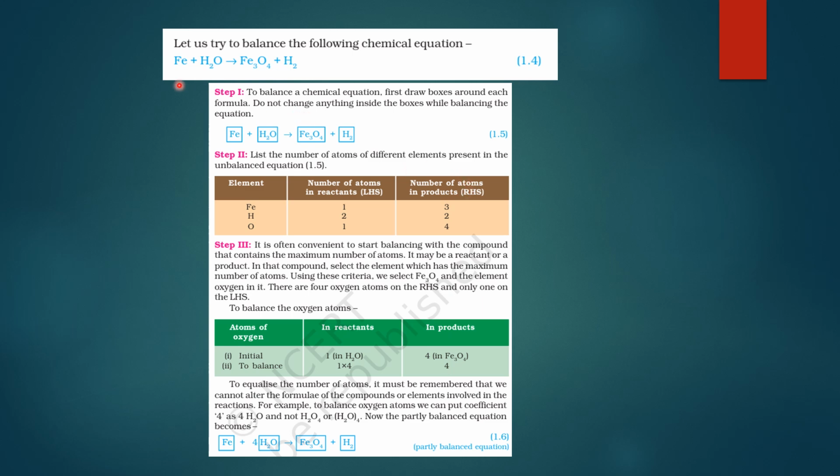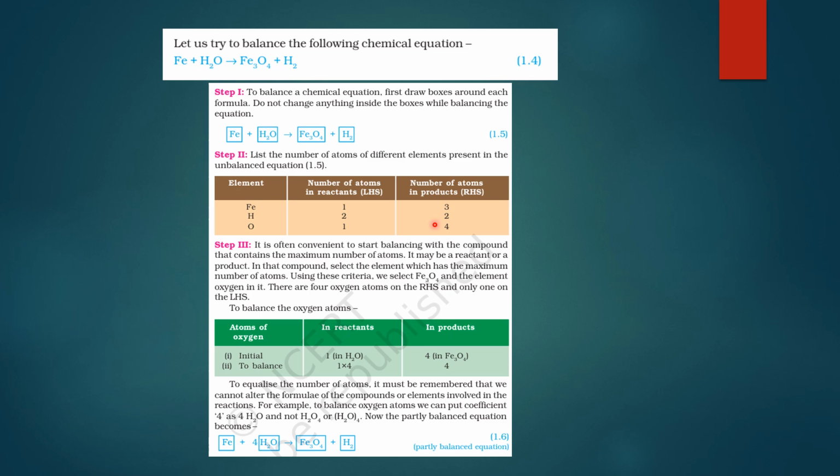Let's consider iron. So here iron is having one atom and on the RHS it is having three atoms. So we fill here 1 and 3. Then hydrogen, let's check. Here hydrogen is having two atoms and on RHS also it is having two atoms. So we fill 2 and 2. Let's check for oxygen. Here it is 1 and on the RHS it is 4. So we write down 1 and 4.